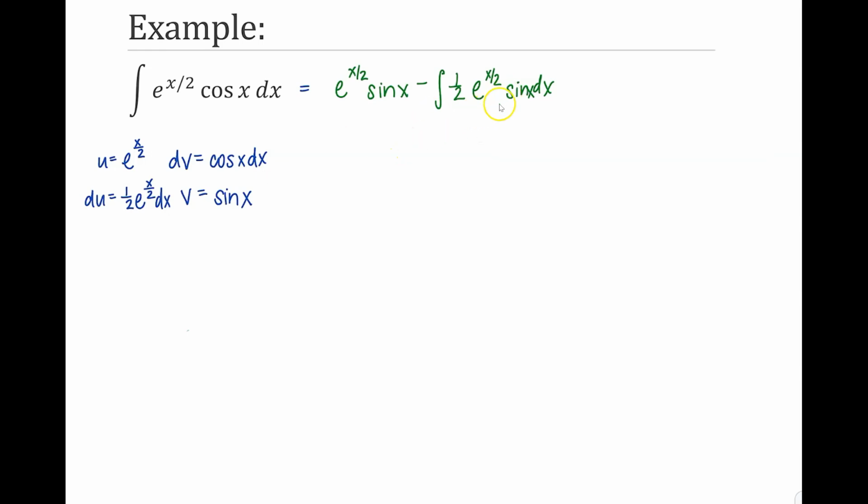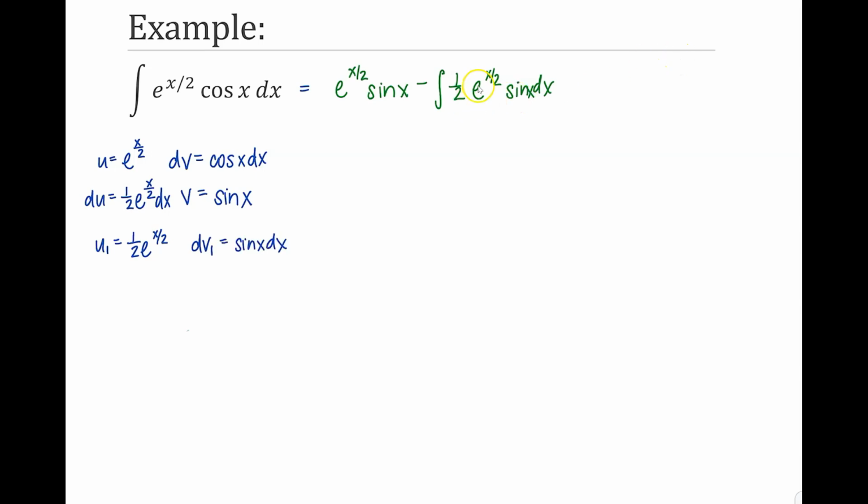We're going to do this again, and we're going to let our u, but since I already have u, I'm going to call it u1. So I'm going to let my u1 equal 1/2 e to the x over 2. So the exponential function again, but I'm keeping the coefficient with it. And then I'm going to call it dv1 be sine x dx.